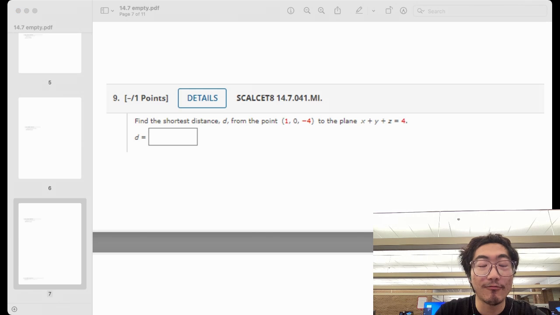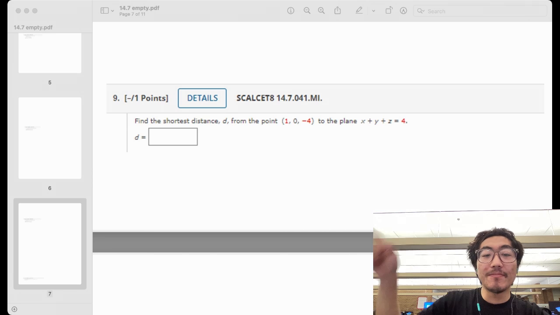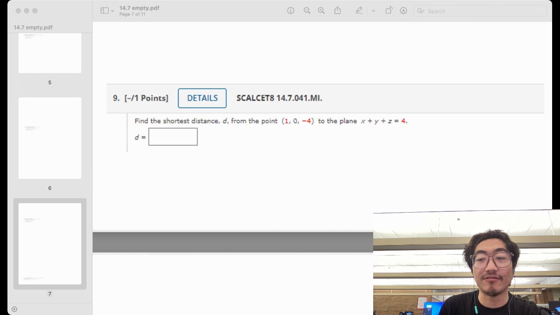So you choose equations for the distance to a given point. The shortest distance is the absolute value of a l plus b m plus c n minus d, where l, m, n is the point. The shortest distance from the plane ax plus by plus cz equal to d.